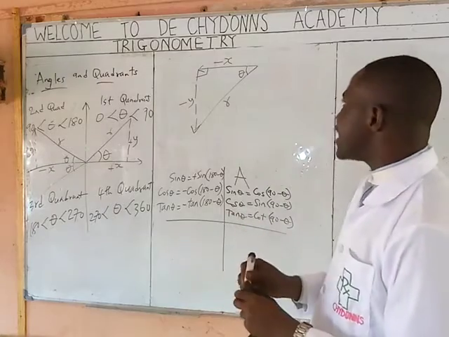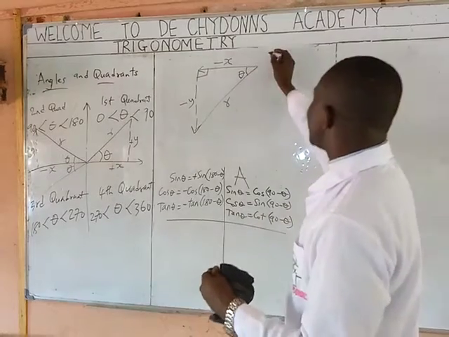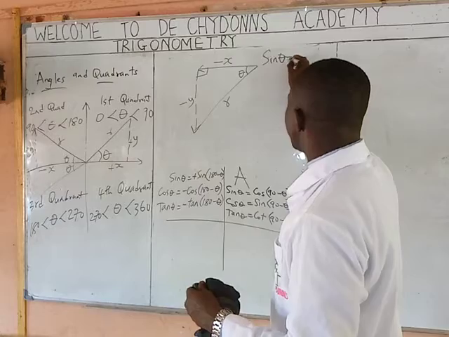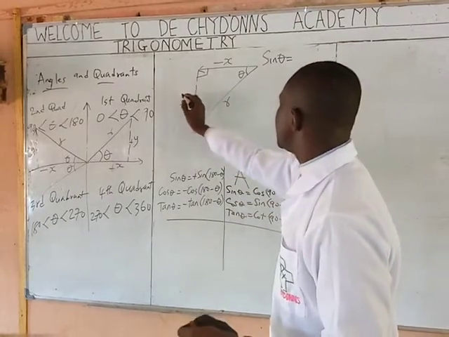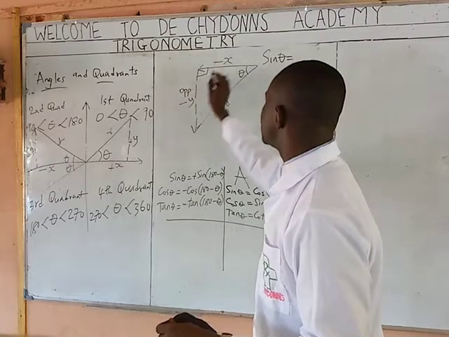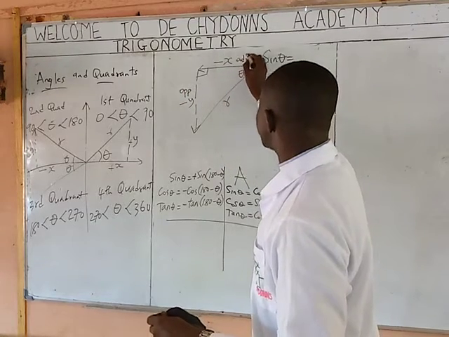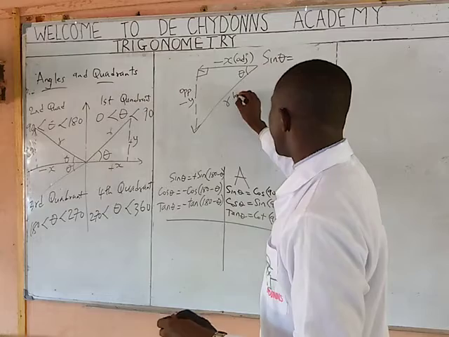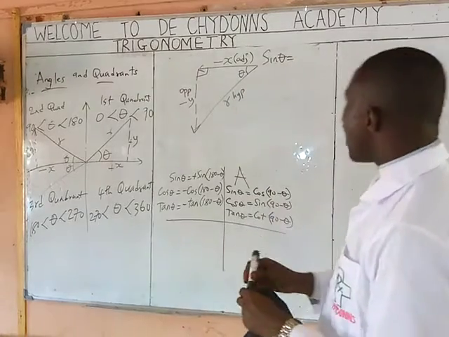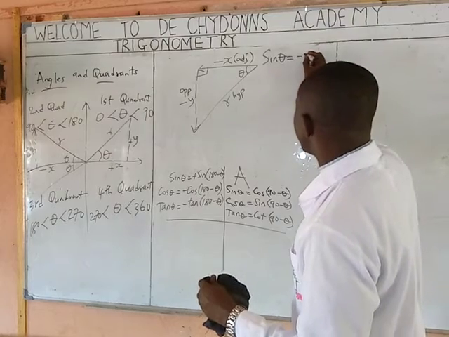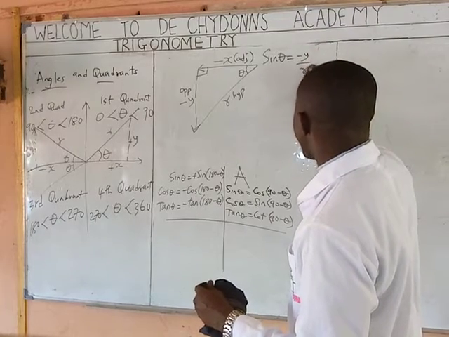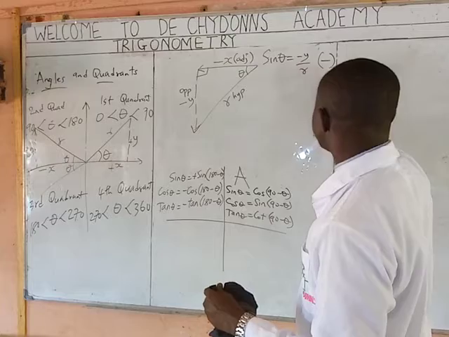r, resultant. Then we now say that sin theta equals opposite over hypotenuse. Where is our opposite? Here. Opposite. Here. Adjacent. Here. Hypotenuse. So when you say opposite over hypotenuse, that is minus y over r. Everything will be negative.